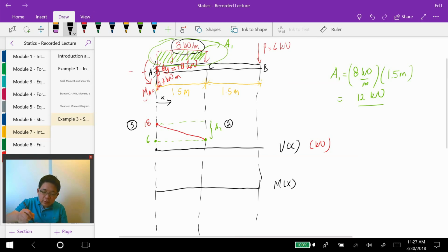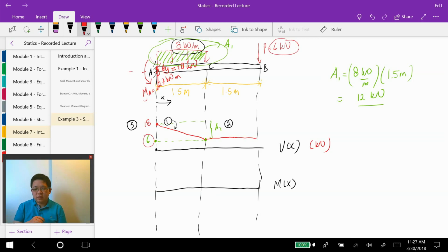So in here I note that I apply rule number 1. Then on the section of the beam from C to B, there's nothing applied, so the shear diagram will remain constant. It turns out that here we have 6, and the applied load is 6 as well. That's our shear diagram.